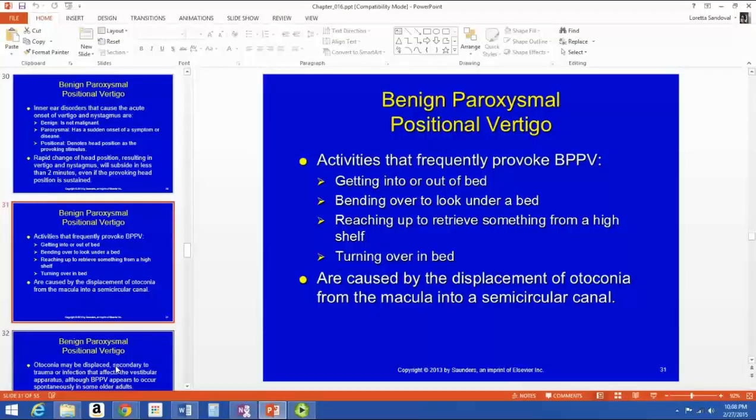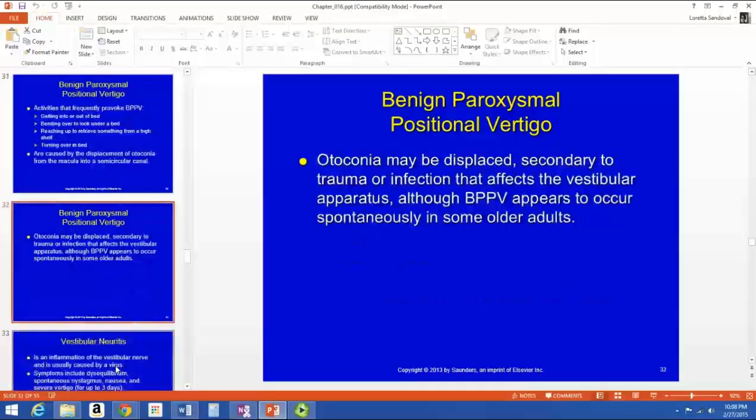And so it's stimulating the endolymph in the semicircular canal, giving you some bad input, basically. The displacement of the otoconia can be caused by trauma or infection that affects the vestibular apparatus, although sometimes it occurs spontaneously.